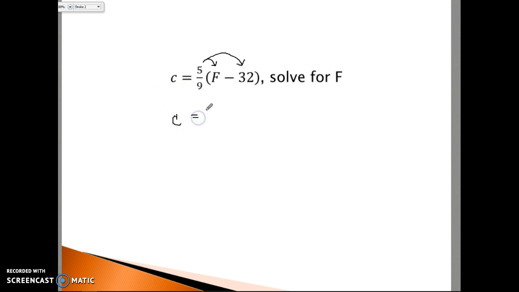So c equals 5/9 f minus 5/9 times 32. And 5 times 32 is 160. 9 times 1 is 9.